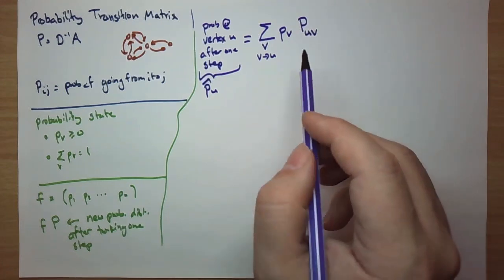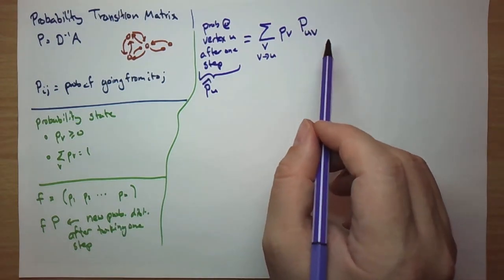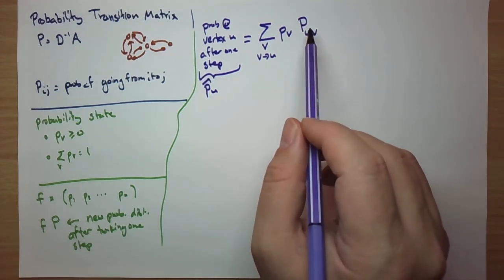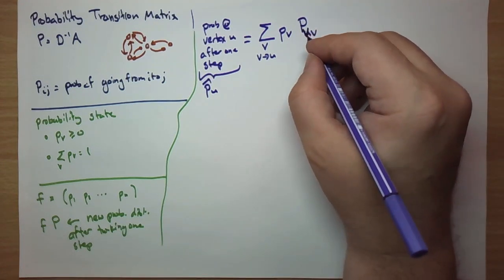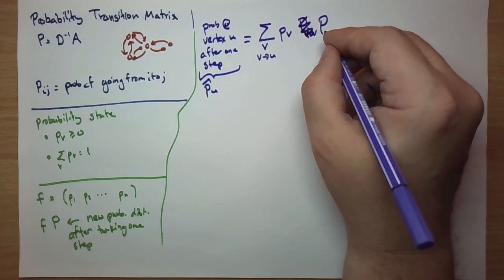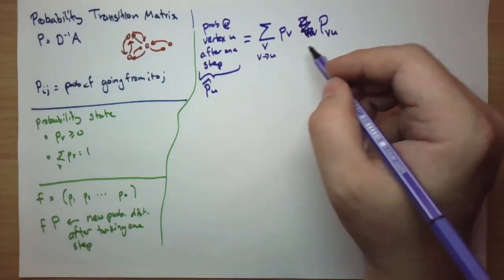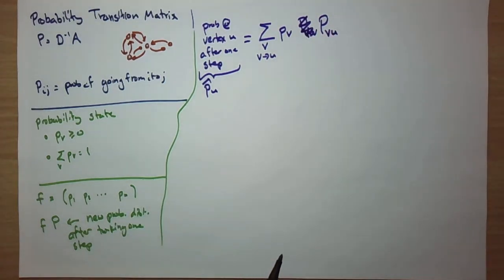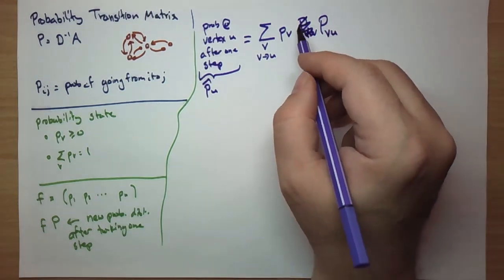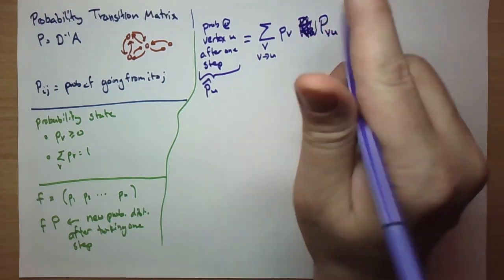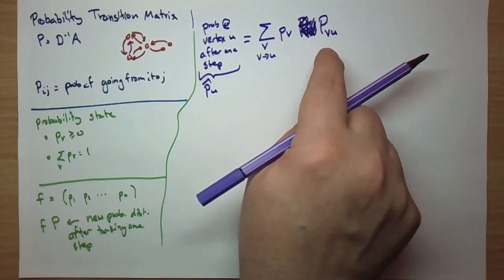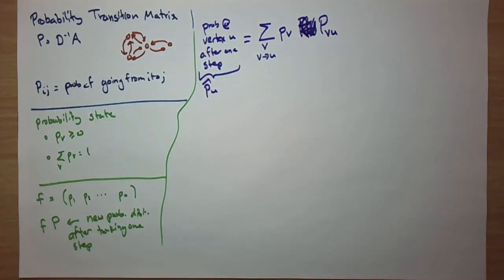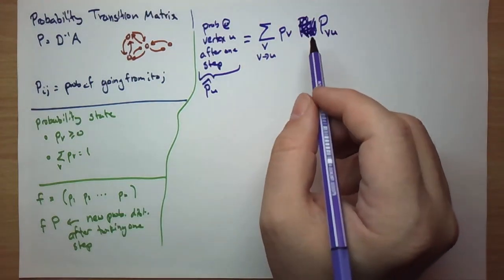Oops, sorry, I wrote PUV, it's PVU, because we want to go from V to U. So probability of transitioning from V to U. And this is our matrix P, where P equals D inverse A, but in general for a random walk that we can talk about for general graphs, directed graphs.